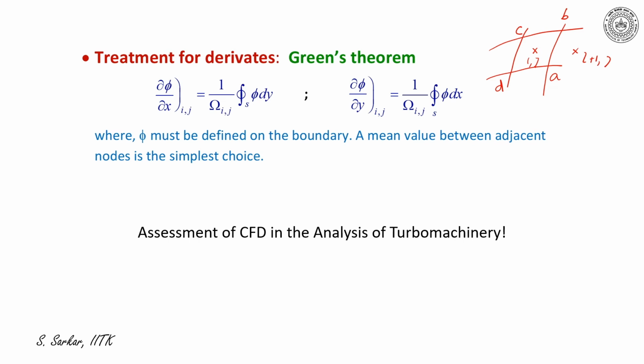Therefore, for the face AB, phi AB is equal to phi I plus 1j plus phi ij divided by 2.